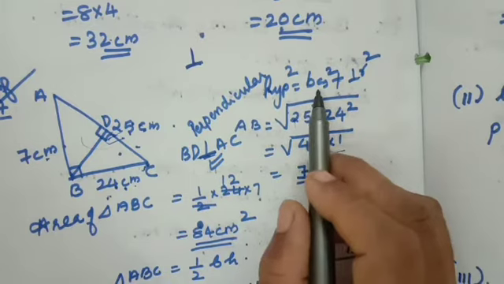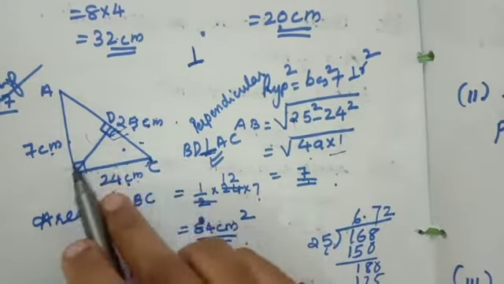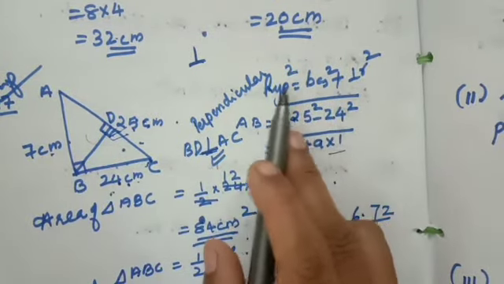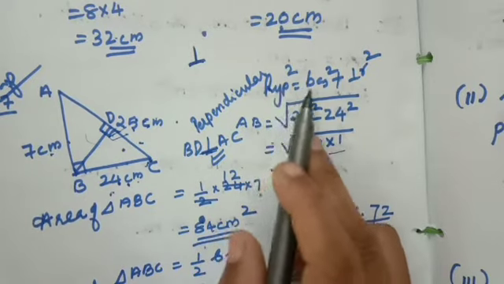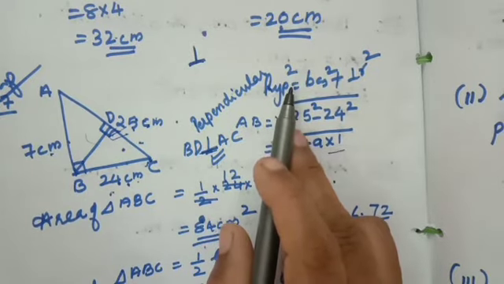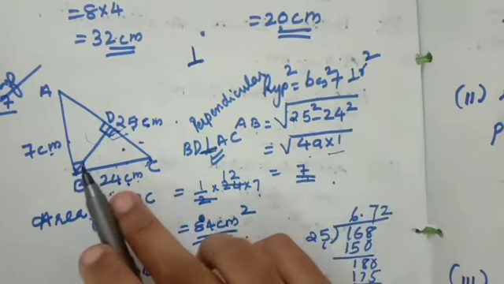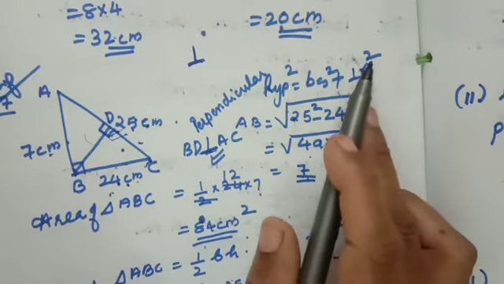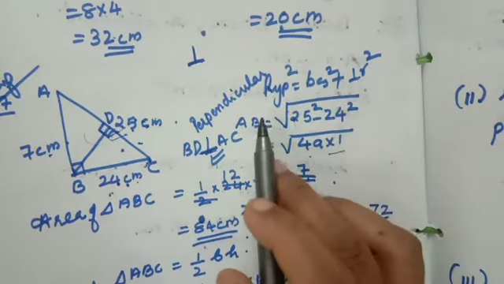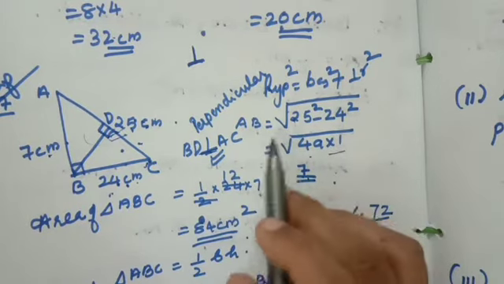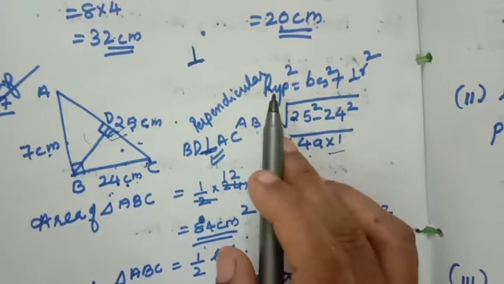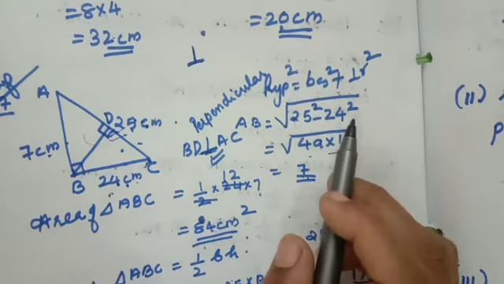If you want the perpendicular, then the base square moves over, so hypotenuse square minus base square. I want only the perpendicular, not the perpendicular square, so what do I have to take? Square root. Square root of hypotenuse square minus base square.